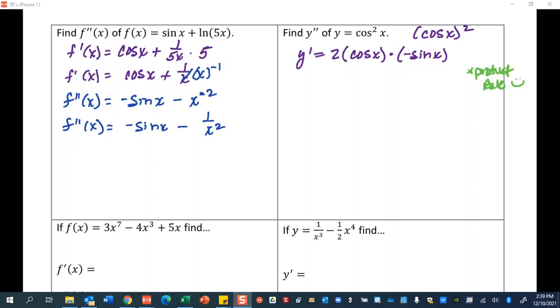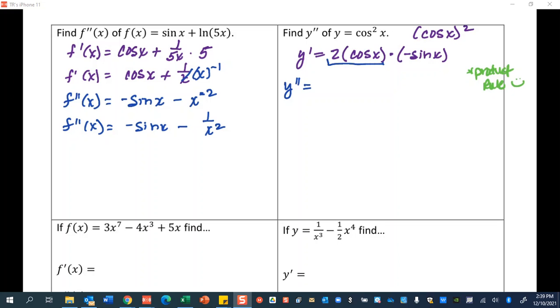Do you guys like to do the derivative of that first term first or write the first term?